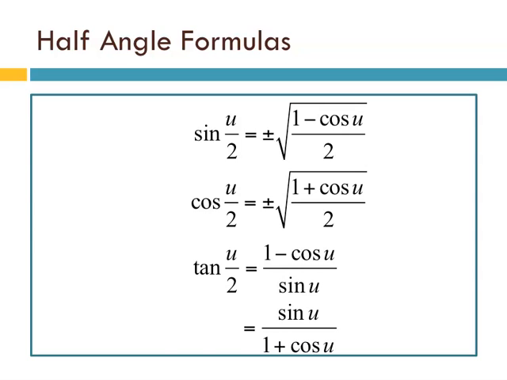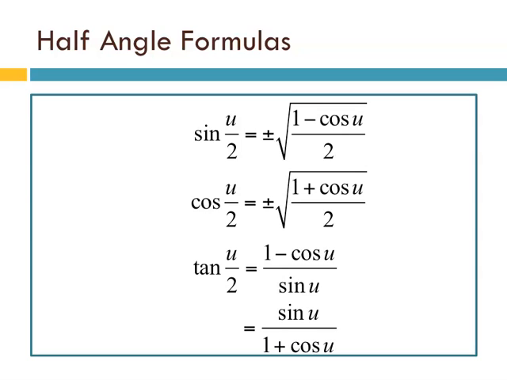Now, we'll talk about this a little bit again later, but just note that this plus or minus square root is not saying that there are two possibilities for, say, sine of u over 2. It really depends on which quadrant u over 2 is in, right? So if u over 2, whatever that value is, is in quadrant 1 or quadrant 2, then you know sine is positive.